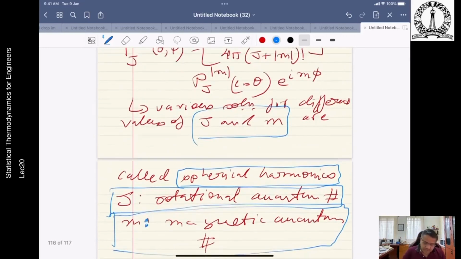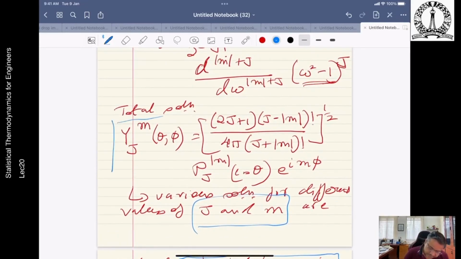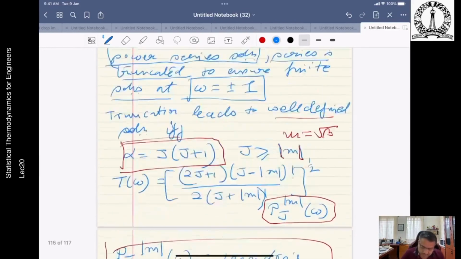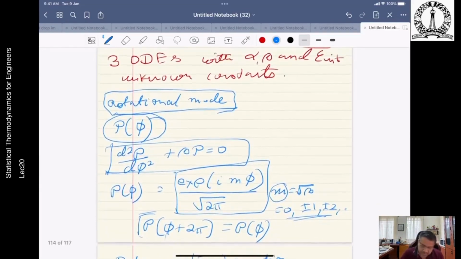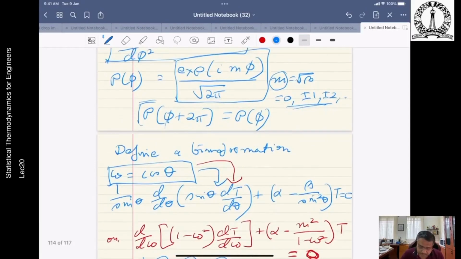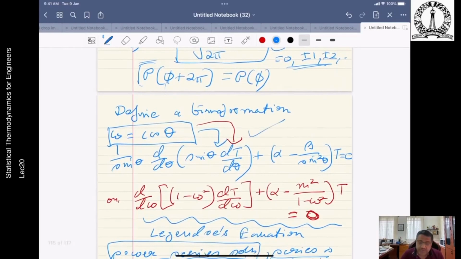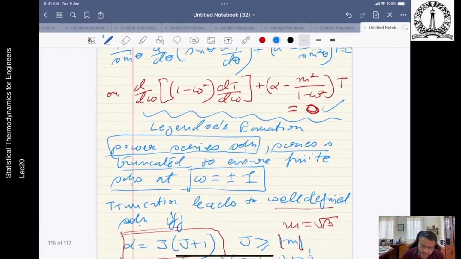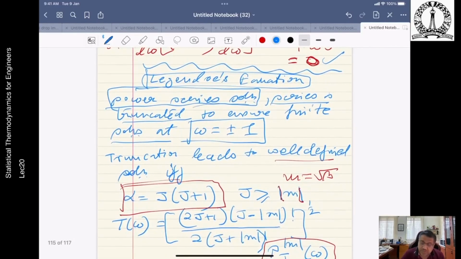So from this total solution Y, which concerns theta and phi, this is the solution that we get. Quick recap: what did we do? We found out the rotational mode. For the rotational mode, we first did phi, then we defined the transformation. We then cast it in this particular form, which is nothing but Legendre's equation, well known. It's a power series solution.